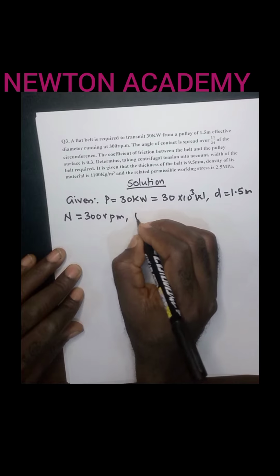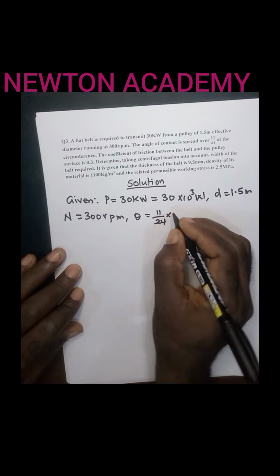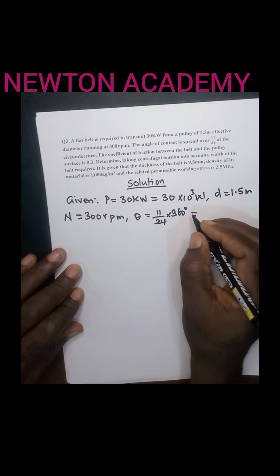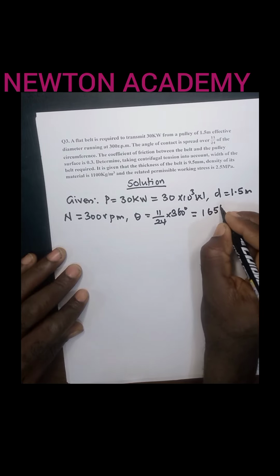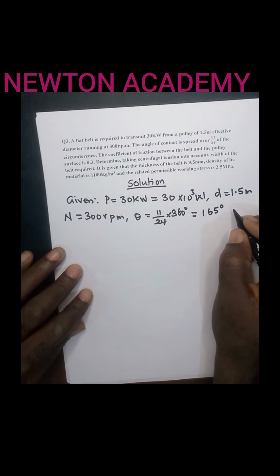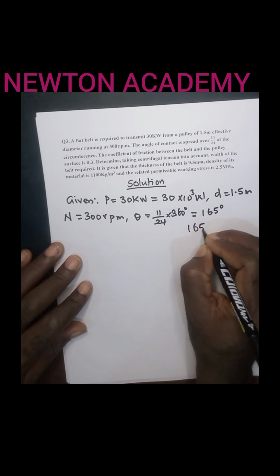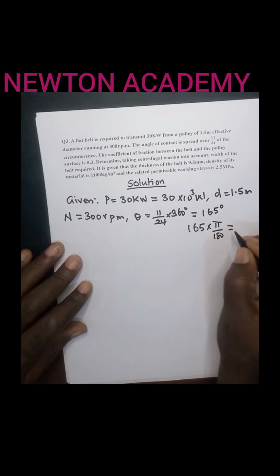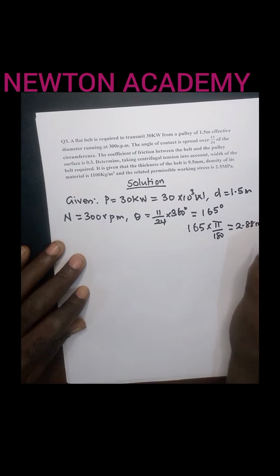Then we are given the angle of contact of the belt to be 11 over 24 of the circumference, that is multiply 360 degrees, and this will give 165 degrees. Then we'll convert this to radian by multiplying it by pi over 180, and this will give 2.88 radian.